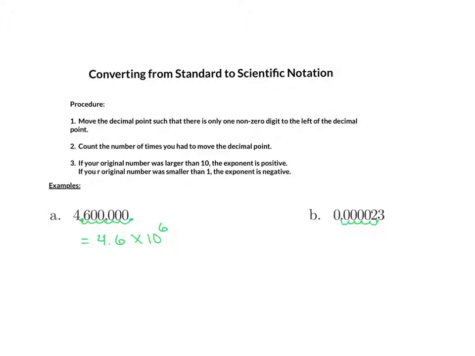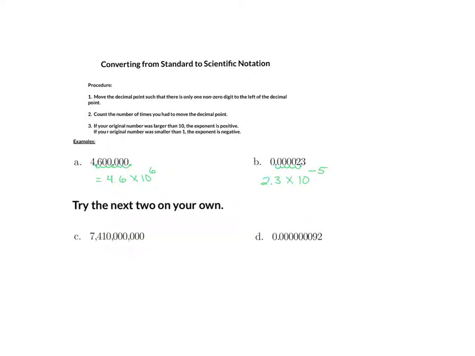So we get 2.3 times 10, and again, since this was a small number to start with, we get an exponent of -5. Take a moment. Try the next two on your own and see what you come up with.